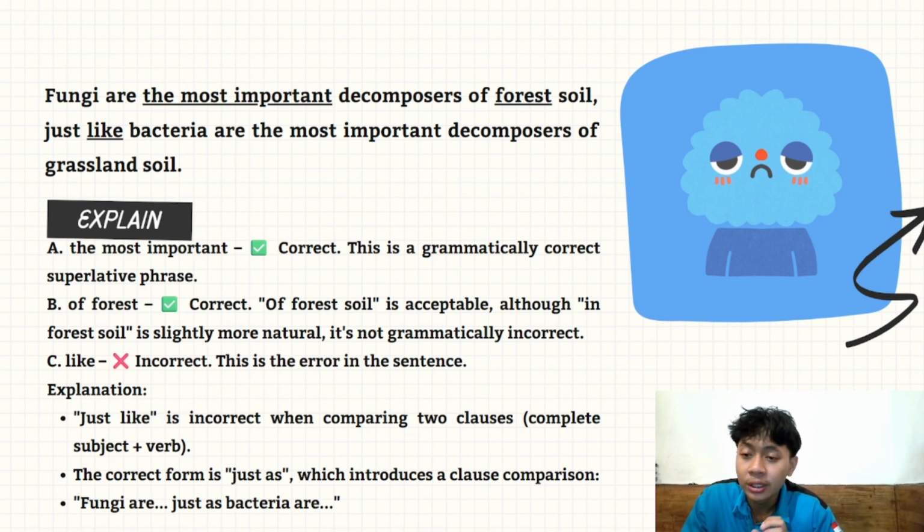So the correct answer is: Fungi are the most important decomposers of forest soil, just as bacteria are the most important decomposers of grassland soil.